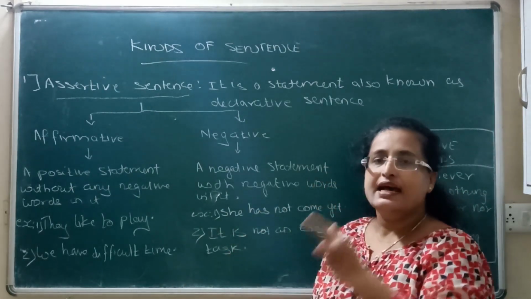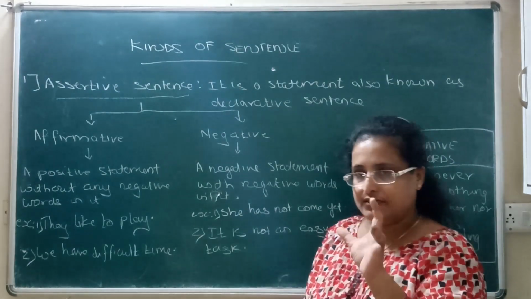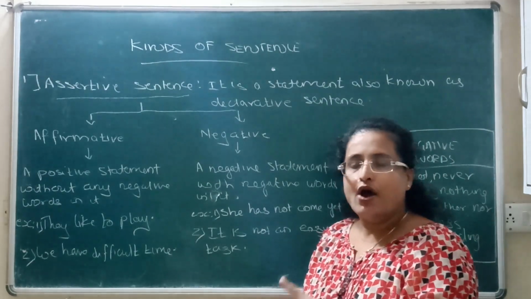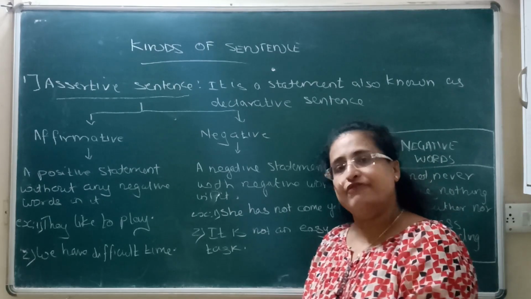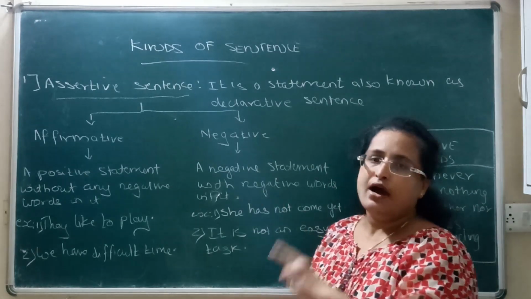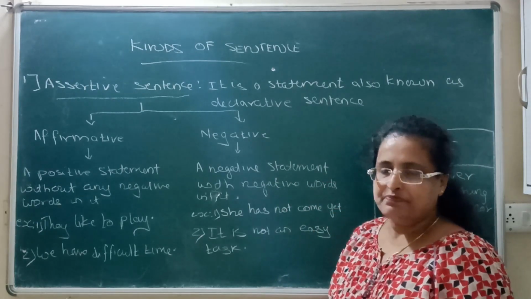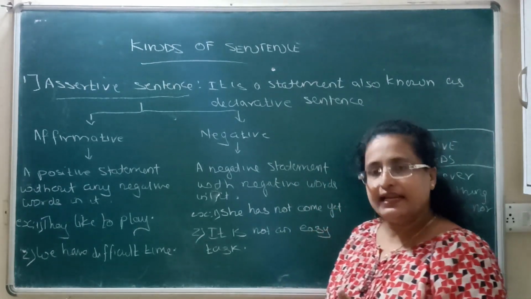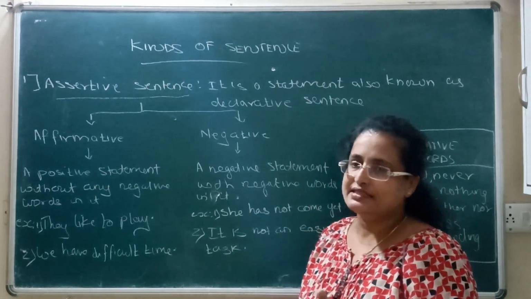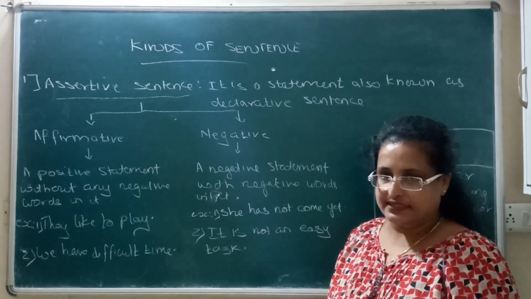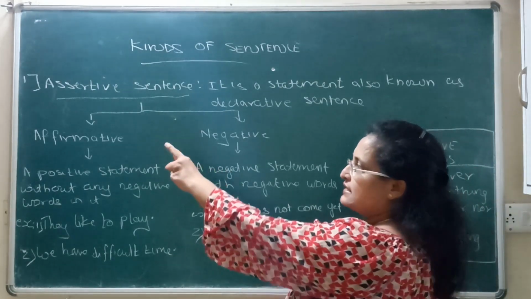Therefore, this is assertive. The main kind is assertive, and what is the type? Affirmative. So it is an assertive affirmative sentence. See the next example. We have difficult time. Again, it is an affirmative sentence because it doesn't have a negative word in it. Now, this is assertive affirmative.